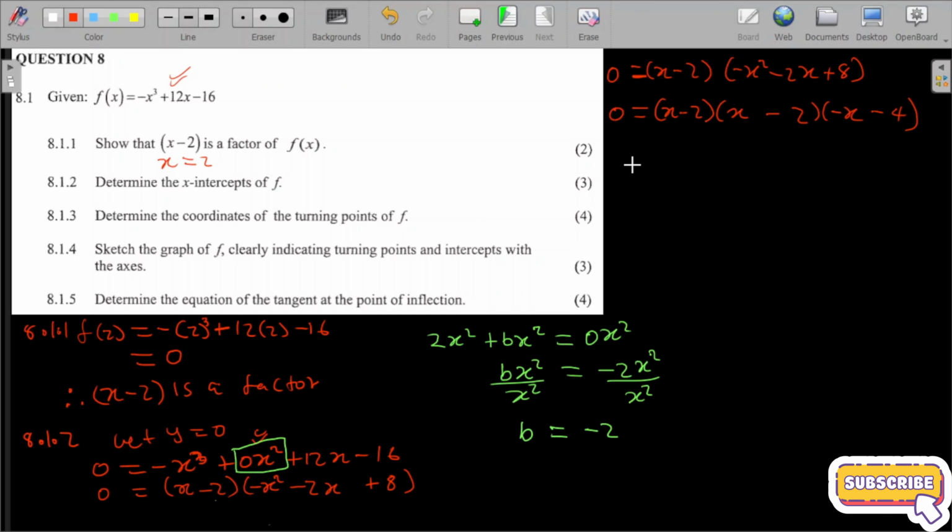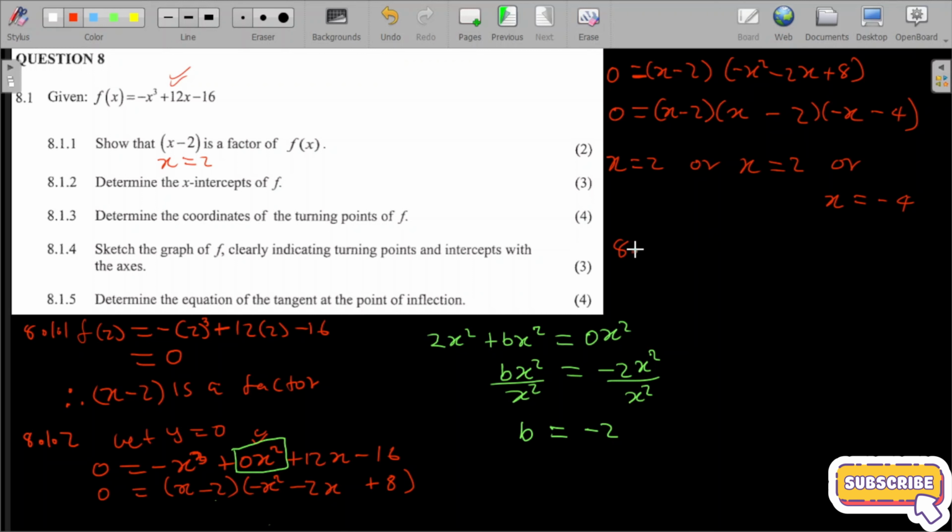Now the value is going to be x equals 2, or another x equals 2, or another x here, which is going to be x equals negative 4. Take into consideration, guys, that I'm having negative x here. So this is going to go to the other side and become positive, but I'm solving for x, so I divide with the negative and then x becomes negative 4. I hope you understand that part now.